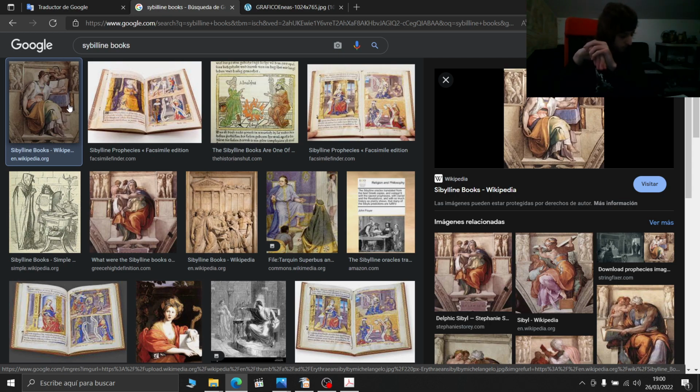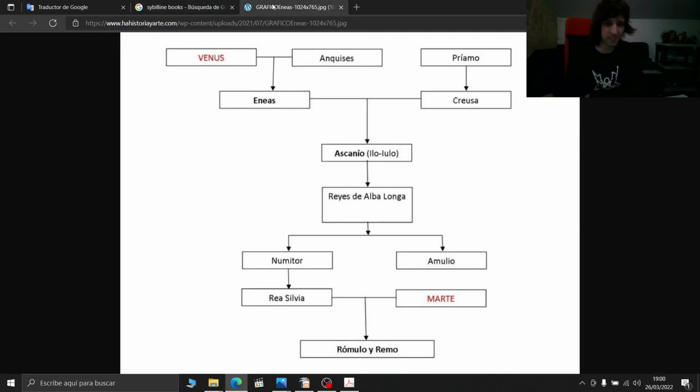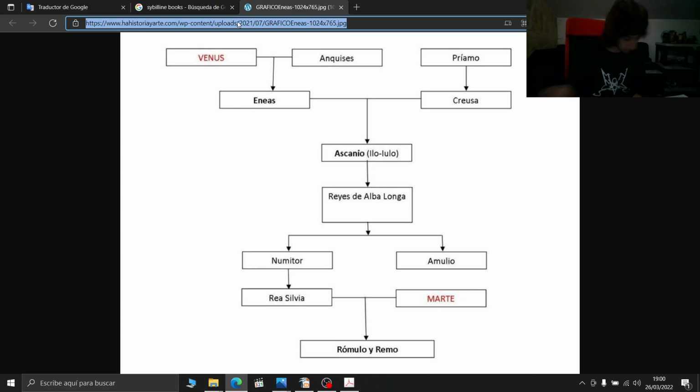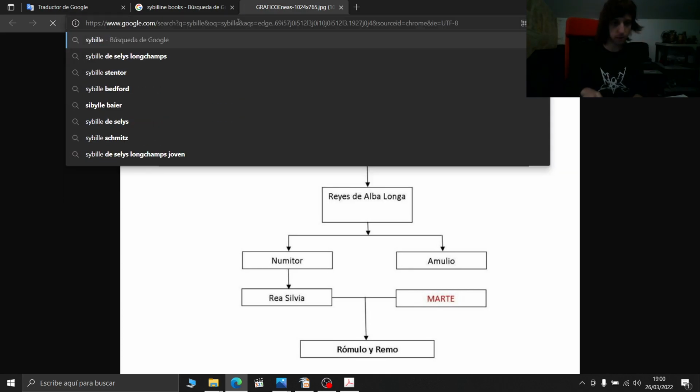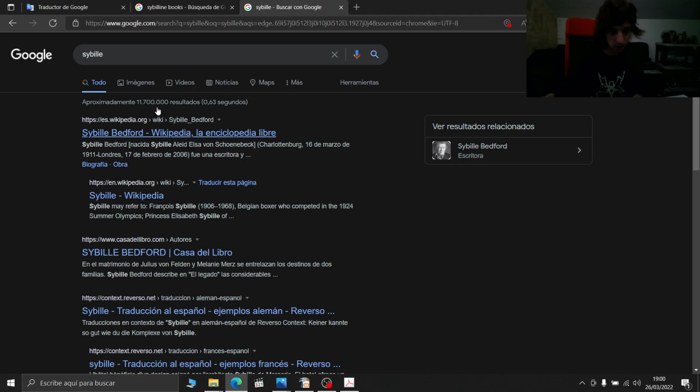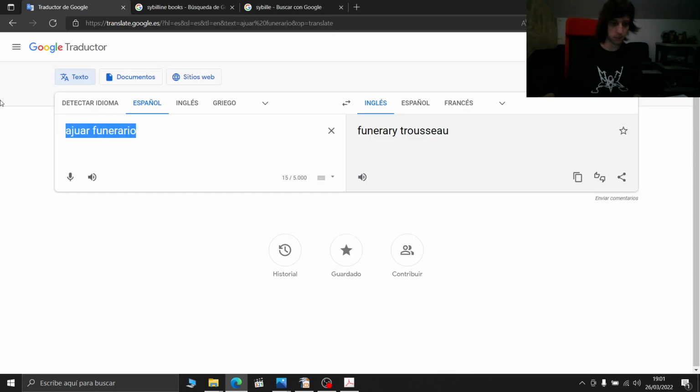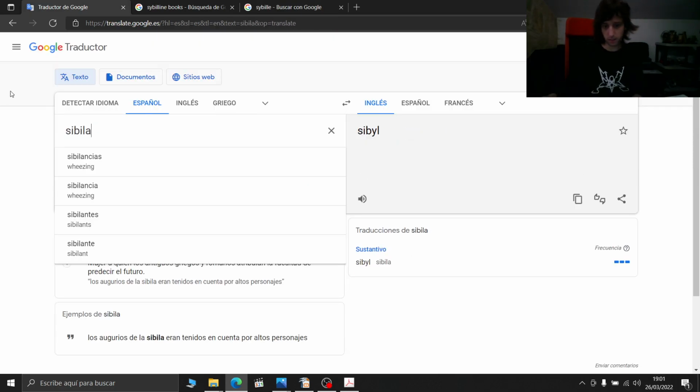Here the main characters are the Sibyl of Cumae. I'm going to use a translator. The Sibyl, okay. The Sibyl of Cumae and Tarquinius Superbus. Tarquinius Superbus was a Roman king.